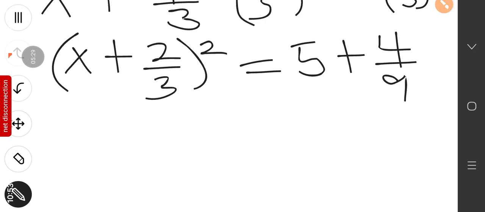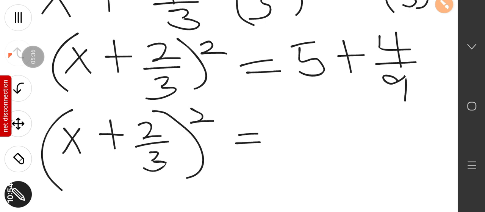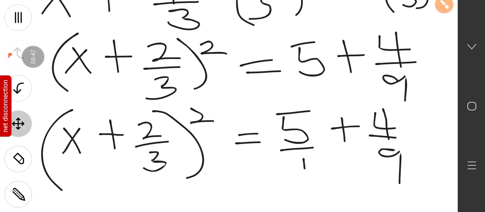So we are going to have (x + 2/3)² equals 5 (any number is over 1, so this is 5/1) plus 4/9.